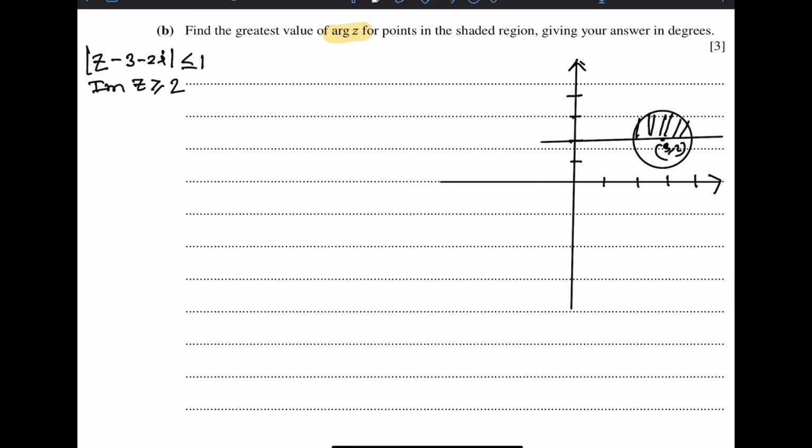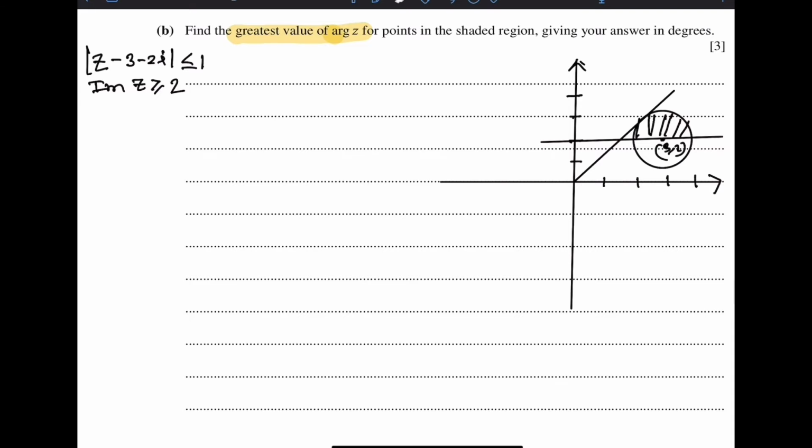Now let me find the greatest value of arg z. That means let me draw a tangent from the origin up to this. This angle is the greatest value of arg z.